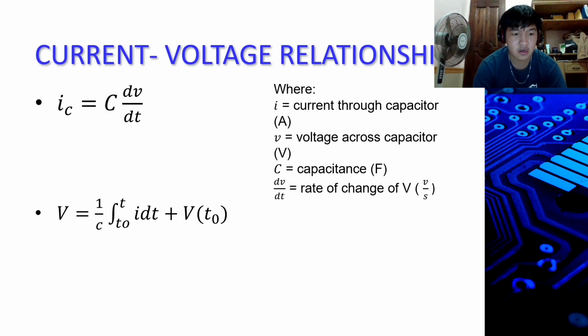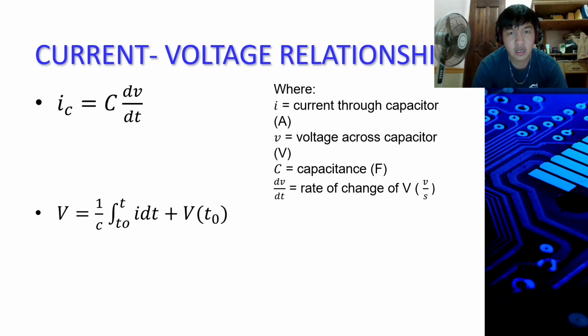For a capacitor, it is a bit more complicated because we use a differential equation, where the current of the capacitor is equal to the capacitance times the derivative of voltage with respect to time.